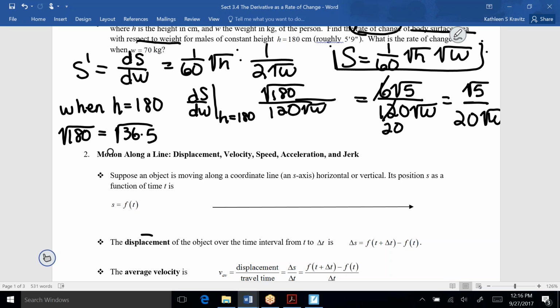This is the rate of change of surface area with respect to the weight, so the surface area changes of a person as their weight increases or decreases. It doesn't have anything to do with the temperature or anything else.